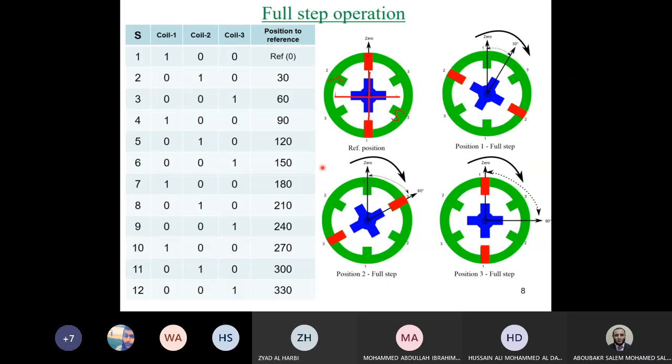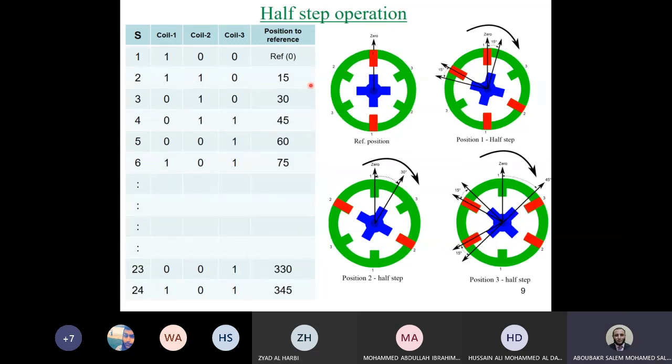So this is called full step because the motor moves with 30 degrees. If the motor moves with different degrees, we will call it by another name. But for now, 30 degrees means this motor is moving with full step. Let's describe something else called half step operation.